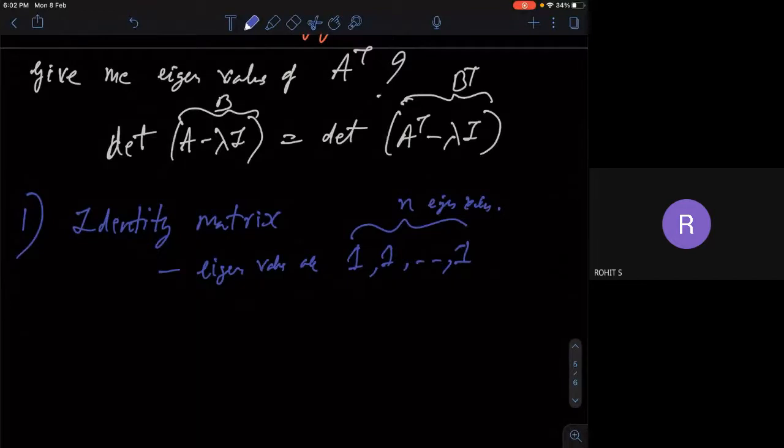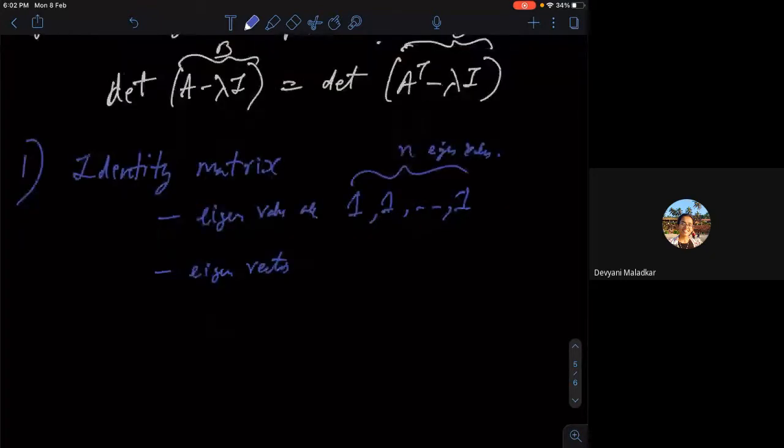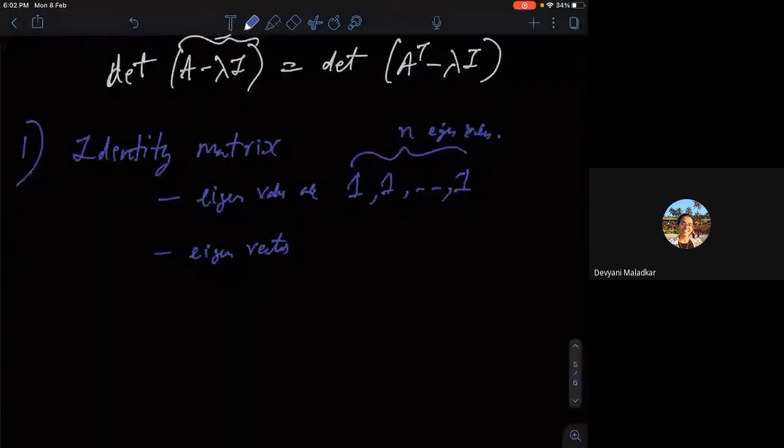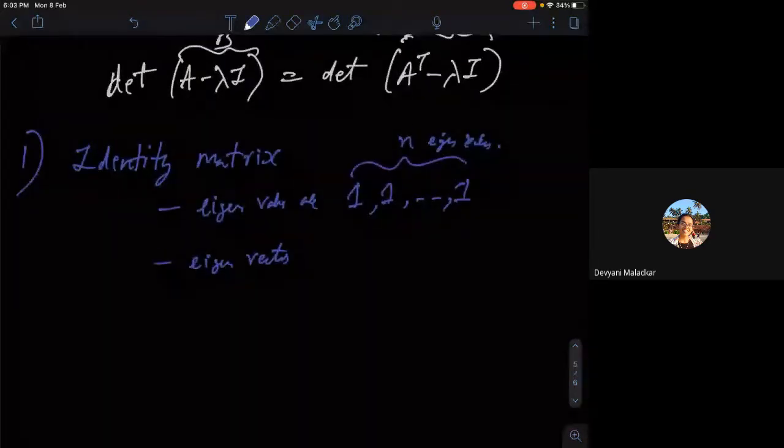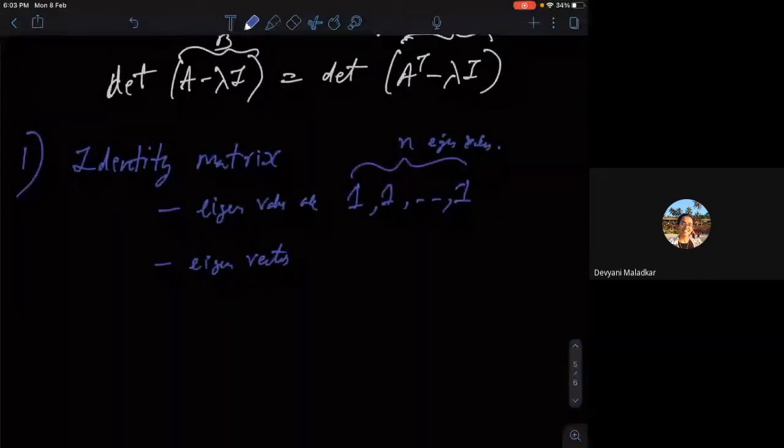Yeah. So, okay. And what about the eigenvectors? So the column vectors themselves are eigenvectors. That is true, but that's not the complete truth. The complete truth is that any vector is an eigenvector.